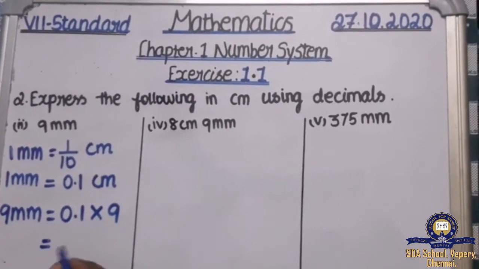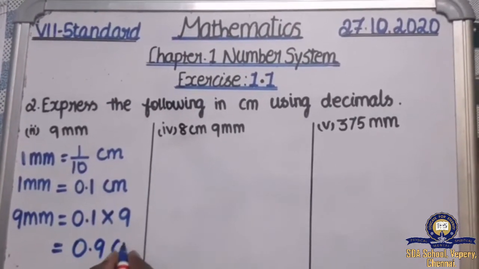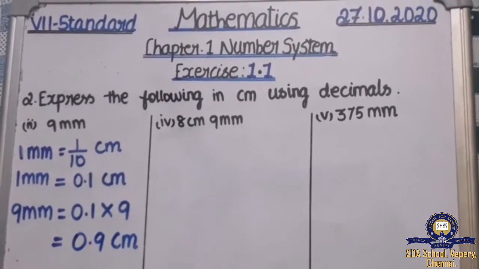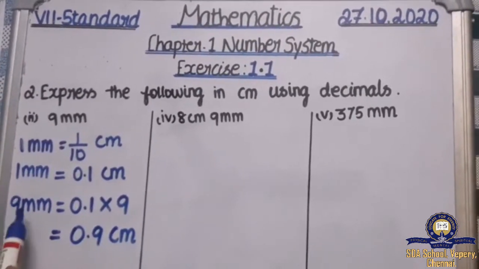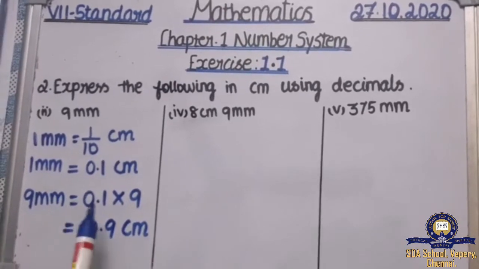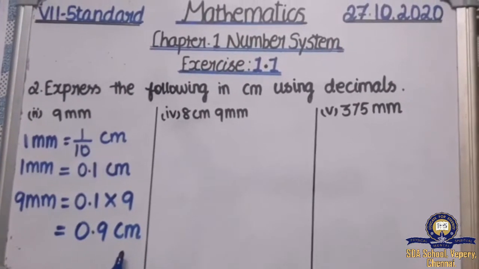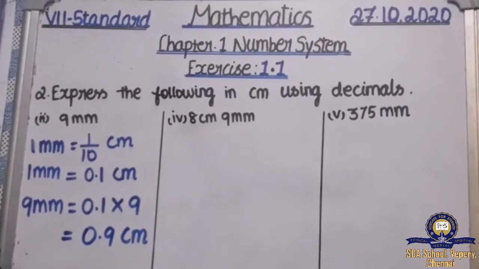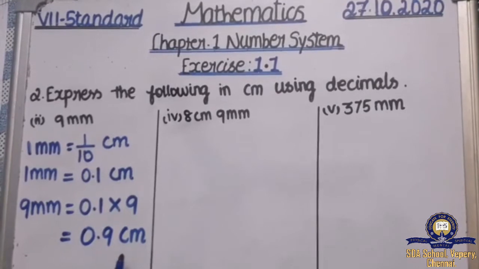What value do we get? We get 0.9 centimeter, because first they gave it in 9 millimeter. When we use the centimeter formula, the value is automatically changed into centimeter. So 9 millimeter can be expressed as 0.9 centimeter.